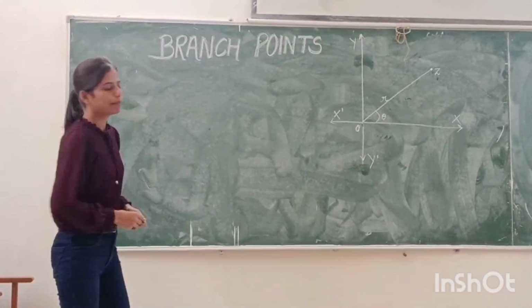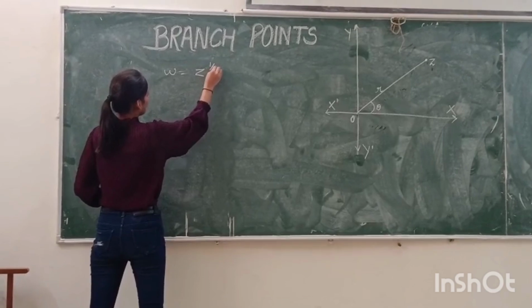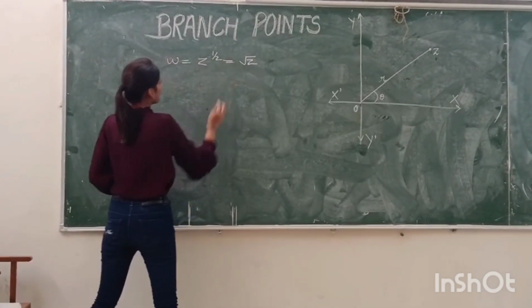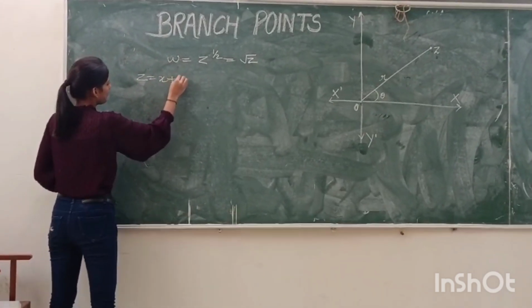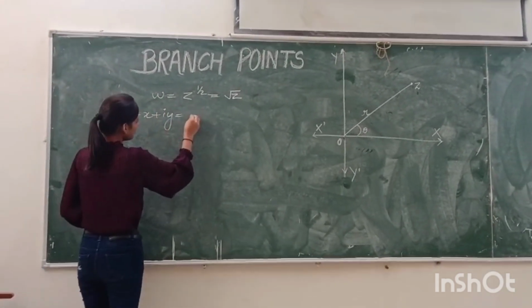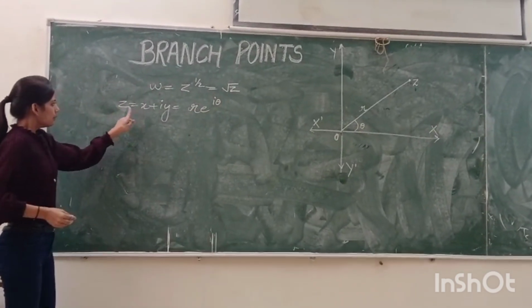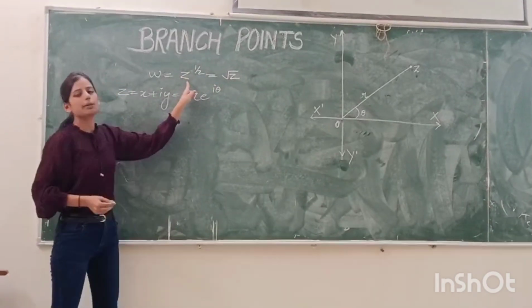Let us consider an example. W is equal to z power half, which is equal to root z. Here z is equal to x plus iy, which is nothing but r e power i theta. Here we have considered w is equal to root z, that is z power half.